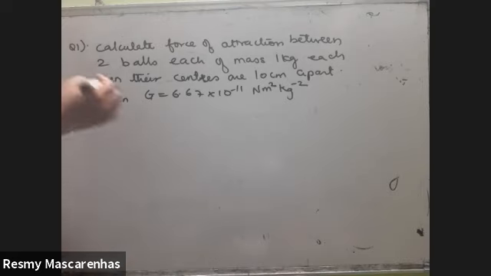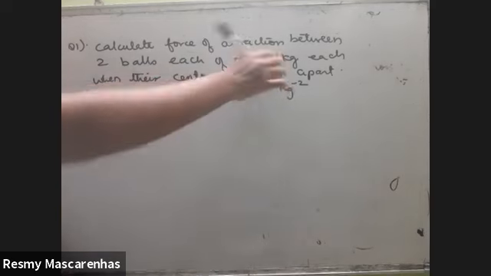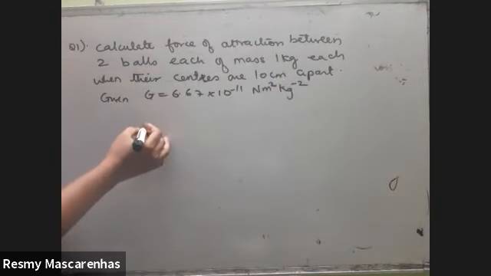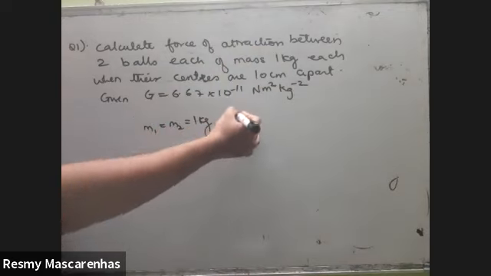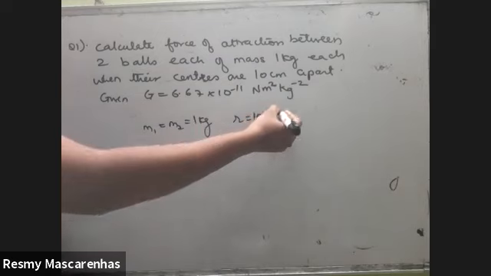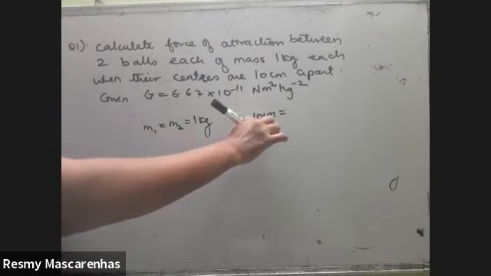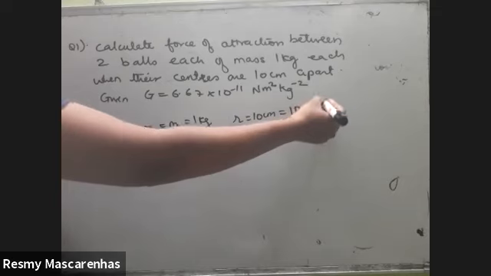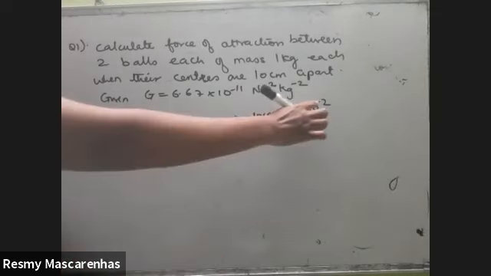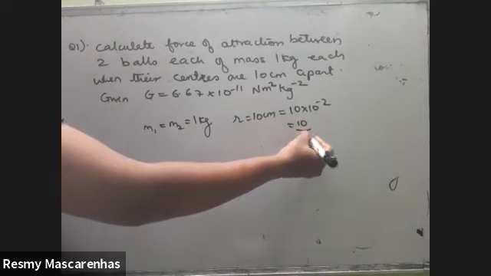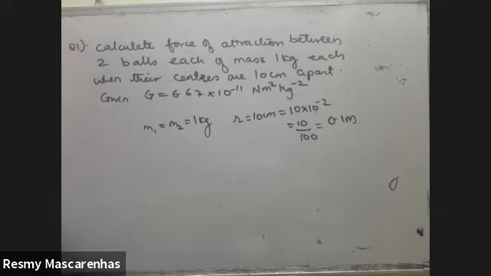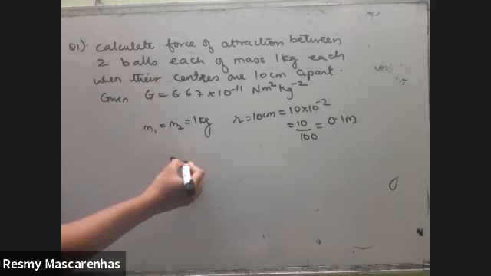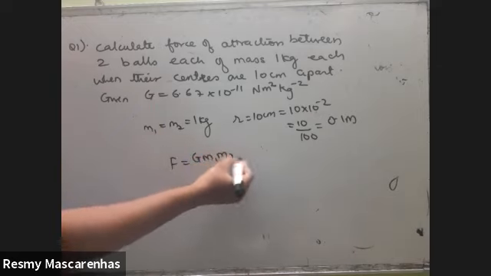So what data has been given? There are two balls of mass 1 kg, so m1 and m2 are both 1 kg. The distance is 10 centimeter, which always has to be in meters. Centimeter means you always either multiply or divide by 100, so it's 0.1 meter. G has been given, so the force of attraction is G m1 m2 upon r square.